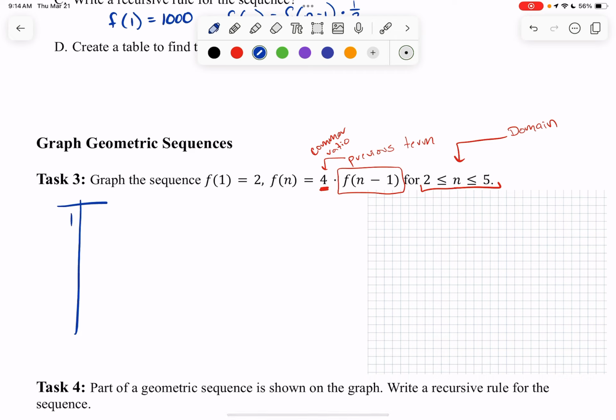So we know the first term is 2. To get to the second term, I take the previous term, 2, and multiply it by 4. So my common ratio here is 4, so multiply by 4. For the second term, 2 times 4 is 8. To get to the third term, again, I take this previous term and multiply by 4. So 8 times 4 is 32.